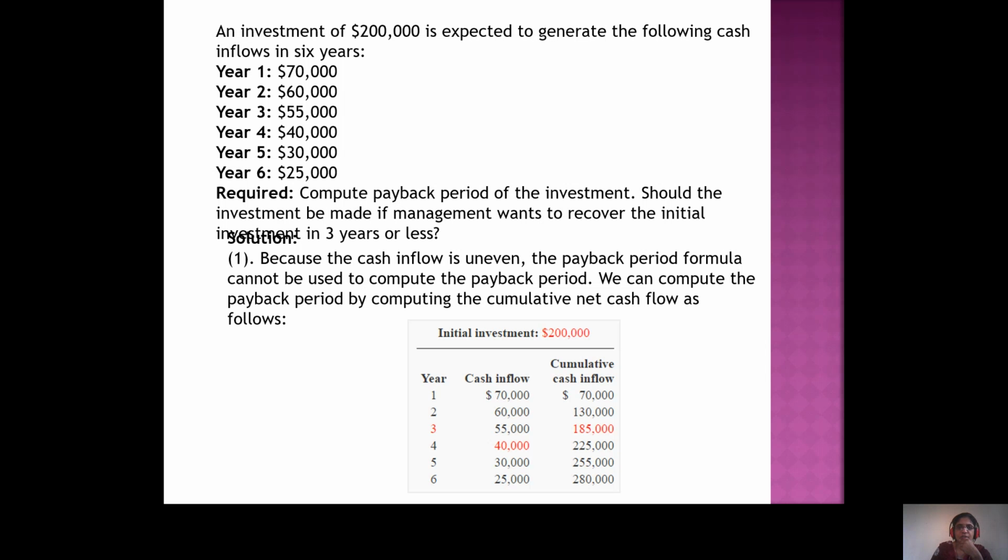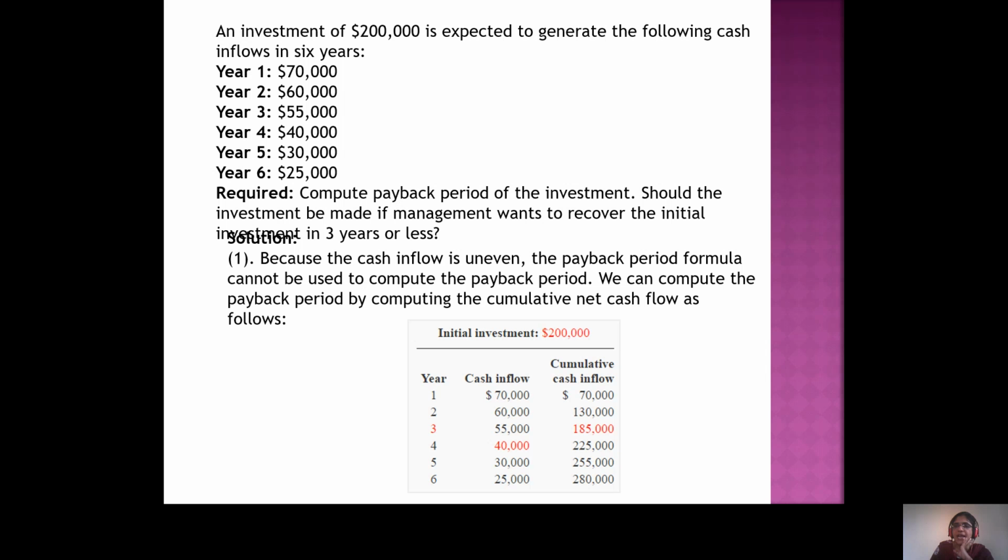Initially we have taken 2 lakhs. In the first, second, third, fourth, fifth, sixth year, the cash flows are 70, 60, 55, 40, 30, 25 thousand. Cumulative cash flow means first year it is 70, and second year 70 plus 60, that is 1 lakh 30.